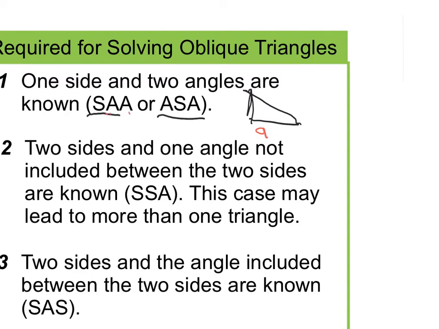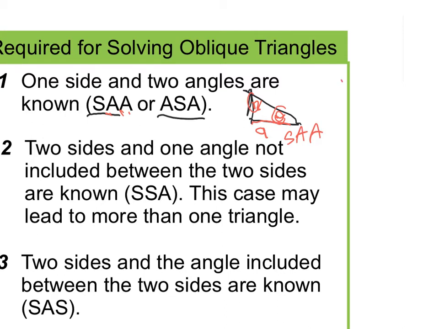Then we know the next 2 angles as I go around the circle. I know angle theta, and I know angle beta. That's called, I know the side, I know the next angle, and the next angle. Side, angle, angle.